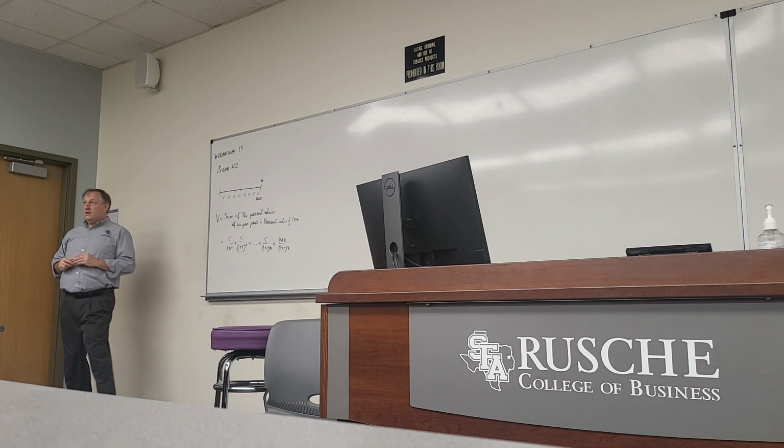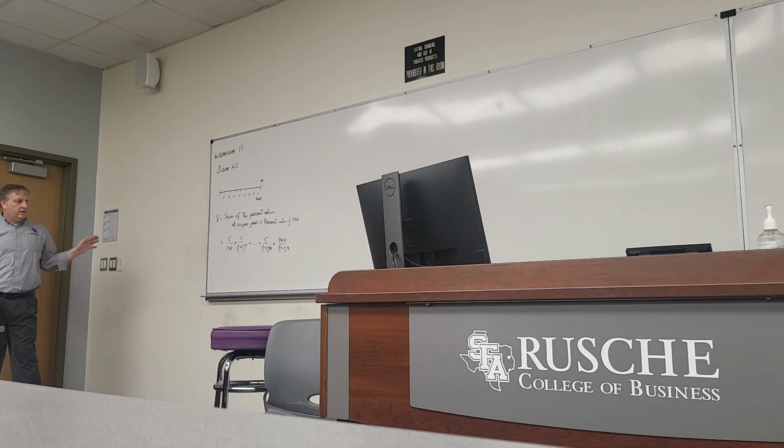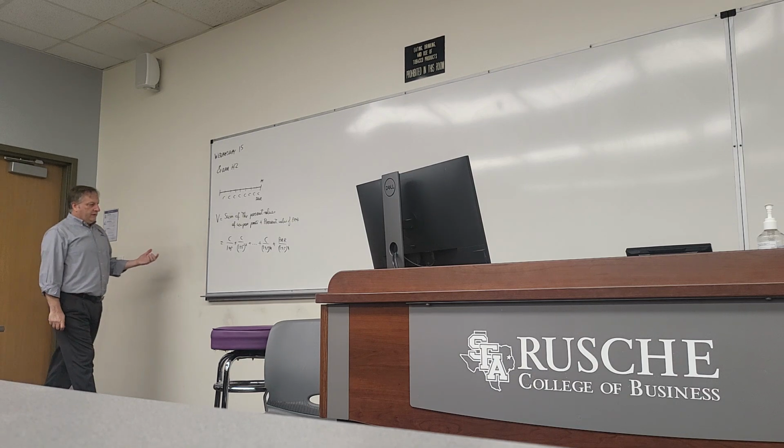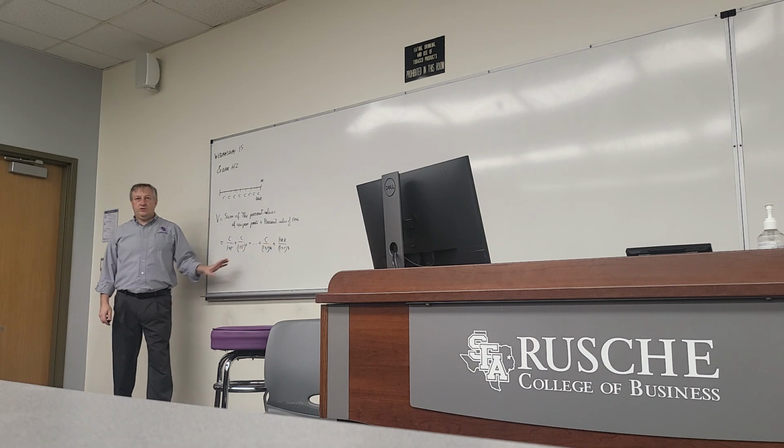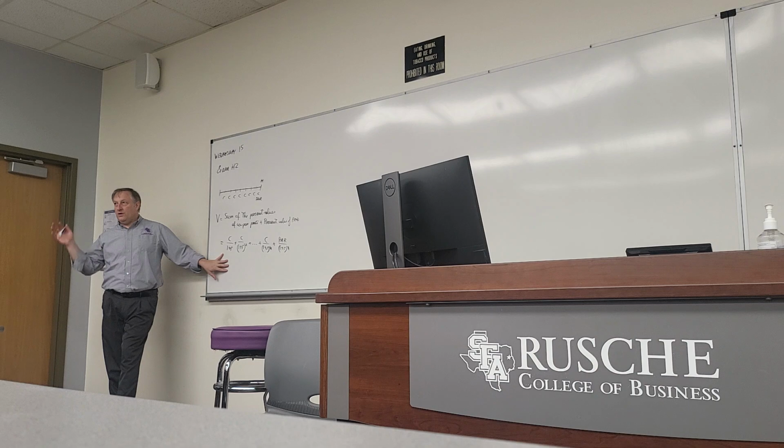Yeah. So we said, well, this is the same structure as an annuity and a lump sum. So if you want to calculate the value of a bond, you can use the financial calculator, and you're going to use the combination of annuity and lump sum.